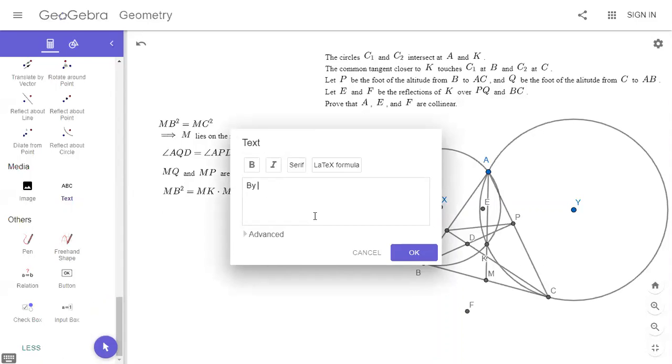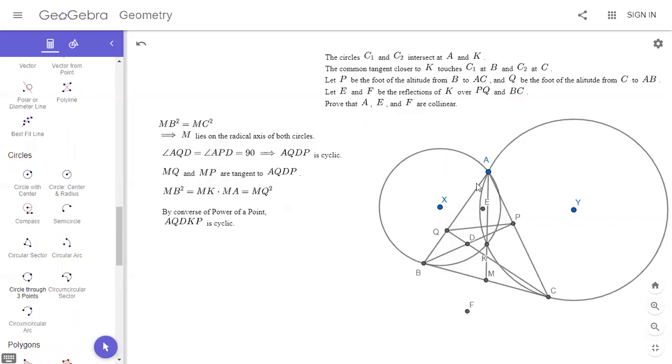I'm just going to say by converse of power of a point, AQDKP is cyclic. All right, and so now we can draw in that circle.